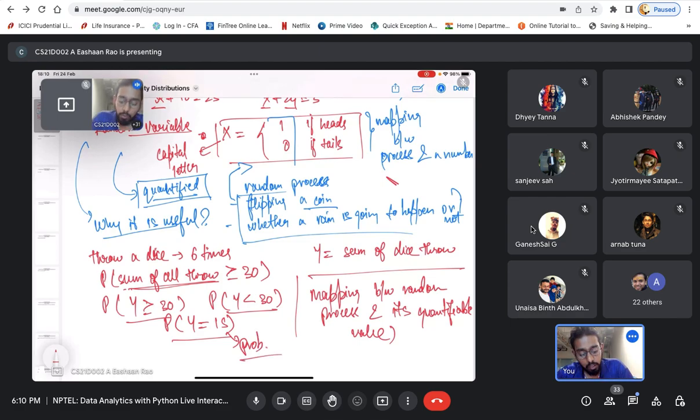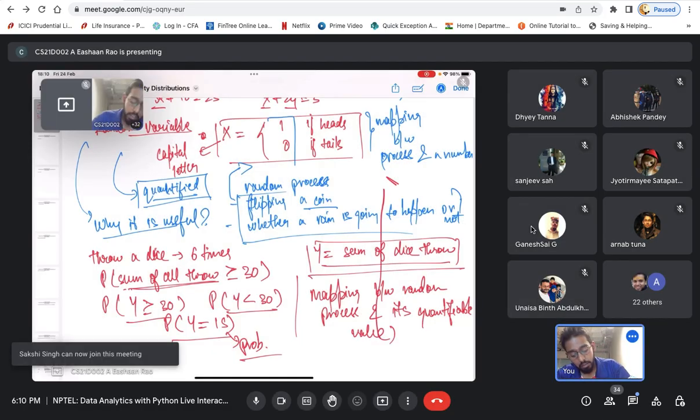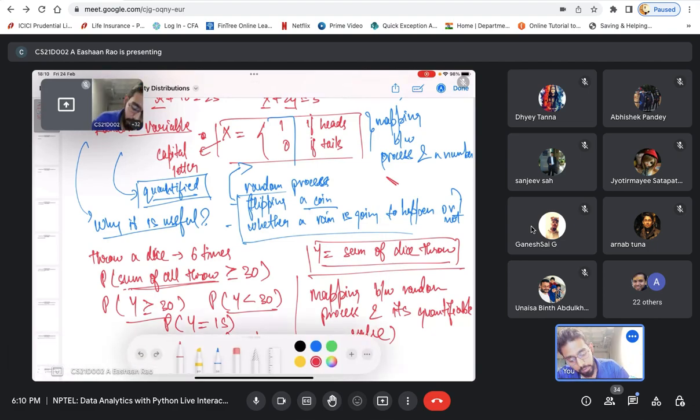So we are using a random variable to define that random process through a certain context, for example the sum of all throws of a dice done 6 times, where the sum should be greater than 30. In the same way, you can do much more.